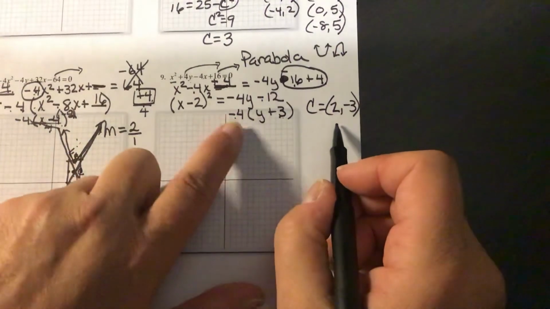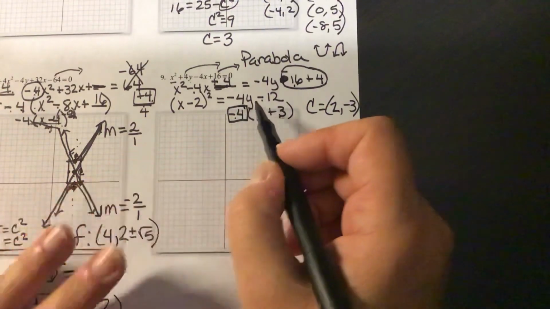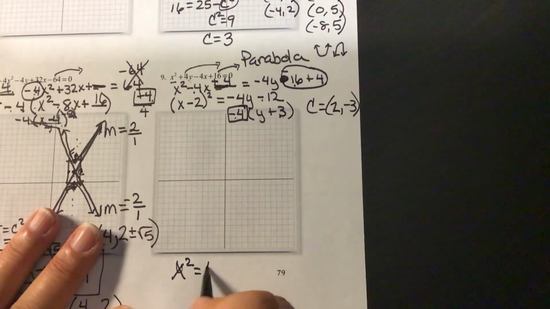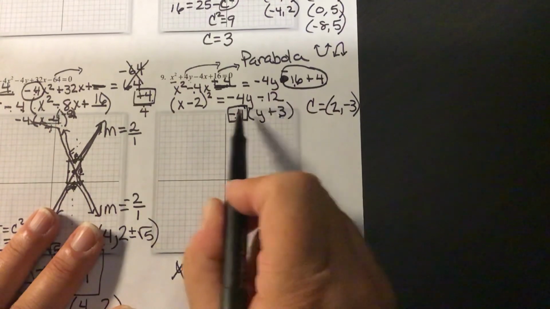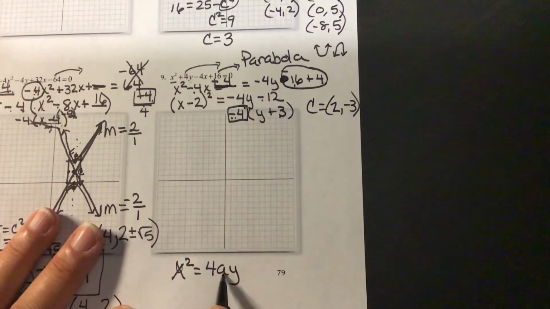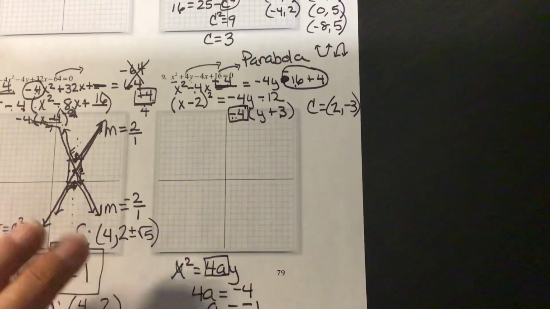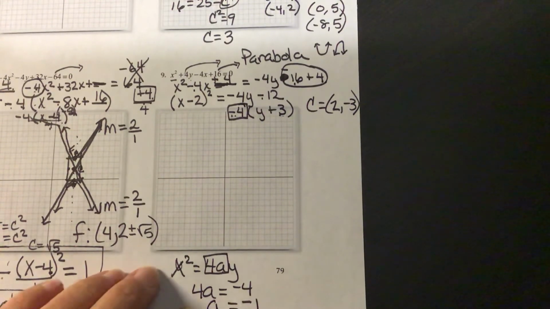And my negative 4, that's right here, if I think of the equation x squared equals 4ay, so I have my y part right here, so negative 4 equals this 4a here. So 4a is negative 4, a is going to be negative 1.